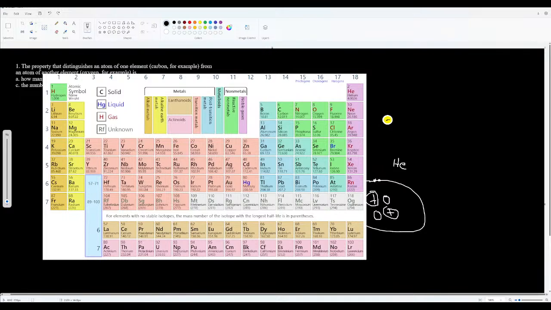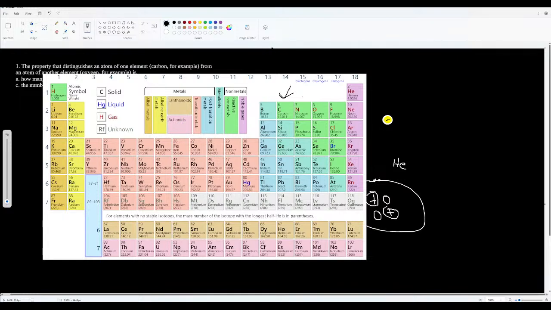So we talked about isotopes, right? Let's take carbon, for example. Carbon always has 6 protons, right? And it's going to have 6 neutrons. But sometimes it has 7 neutrons, and sometimes it has 8 neutrons, right? So what we do is we take the average of all carbon atoms.